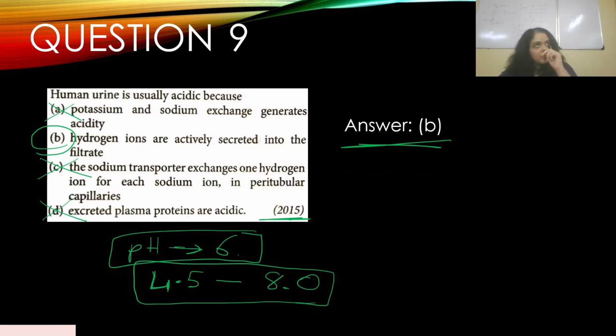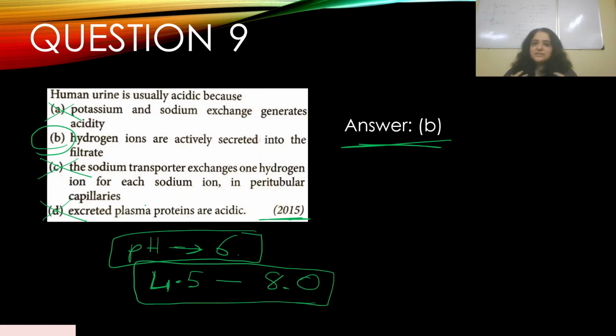Now, to understand that, H plus ions and HCO3 minus, that's bicarbonate ions, are secreted all the time. Our kidneys are designed in such a way that they are able to balance the acids and bases in our body. In our body there are lots of metabolic reactions happening, so acids are formed, and acids need to be secreted out.